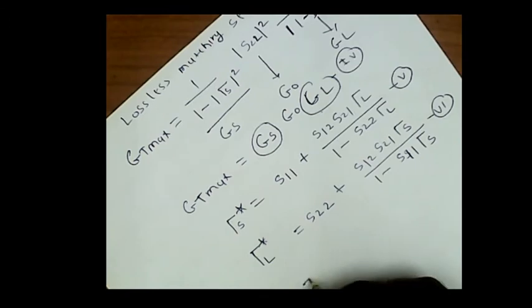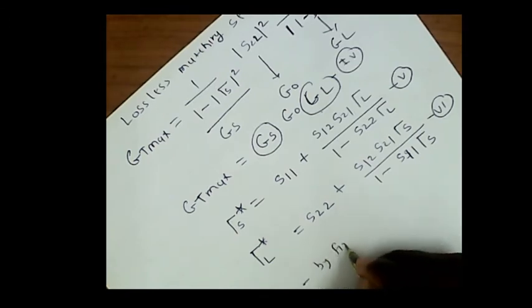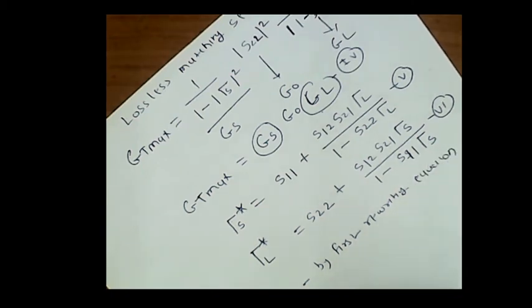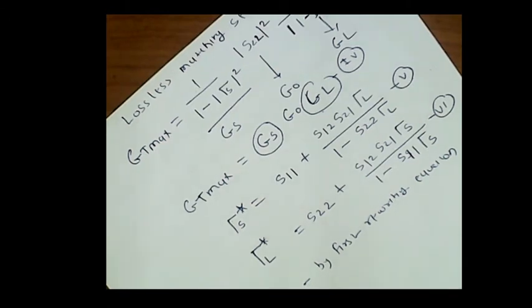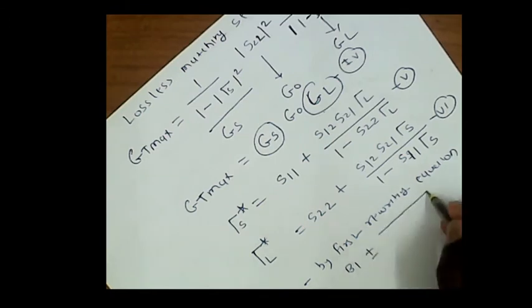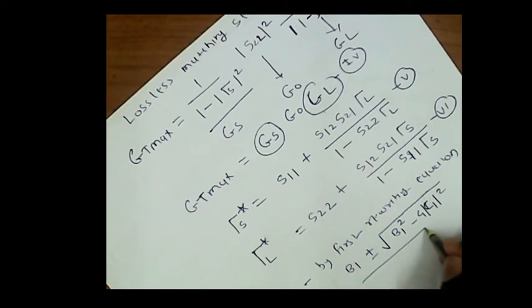By rewriting this equation 5, we get gamma S. So gamma S is equal to B1 plus or minus the square root of B1 squared minus 4 C1 squared, divided by 2 C1. So this is equation number 7.